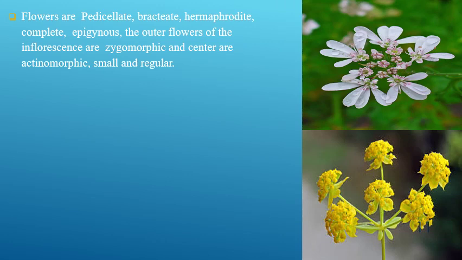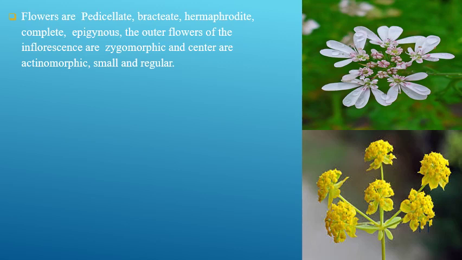Those flowers having a pedicel are called pedicellate. So in the Apiaceae family, the flowers are pedicellate. At the base of these pedicels, small scale or leaf-like structures are present that are called bracts. So the Apiaceae family possesses these bracts, so the flowers are bracteate.